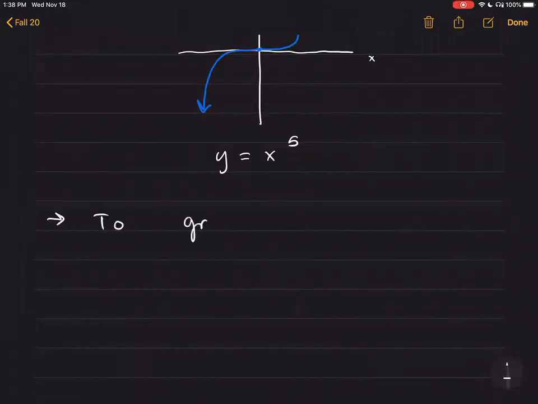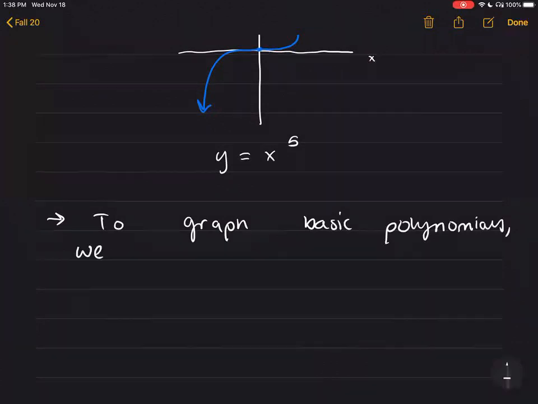To graph basic polynomials, we can use the above graphs that we just made and function transformations.